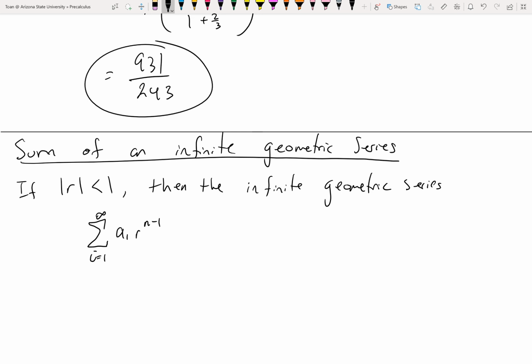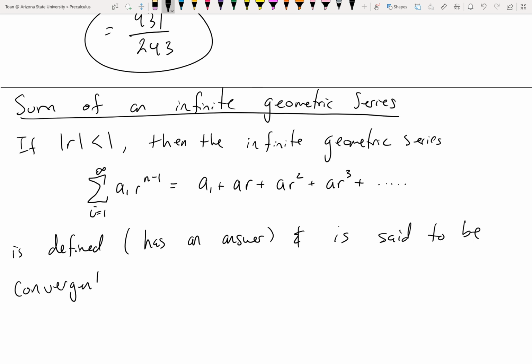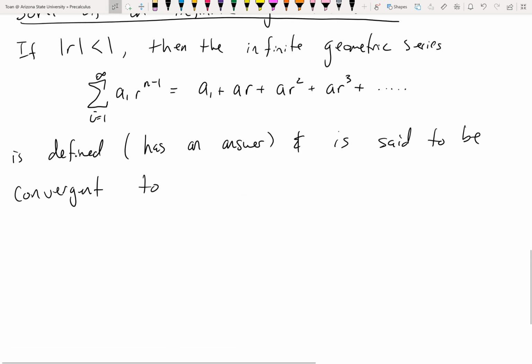So this is the infinite sum of a geometric sequence, which is, again, the first term plus the second term plus the third term plus the fourth term, all the way into infinity, is defined, that is to say, has an answer, and is said to be convergent to, and this is the formula to find it.